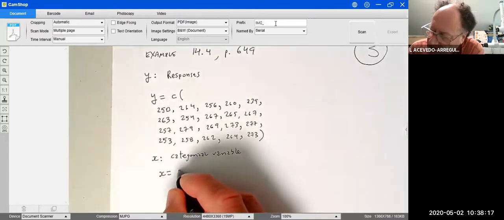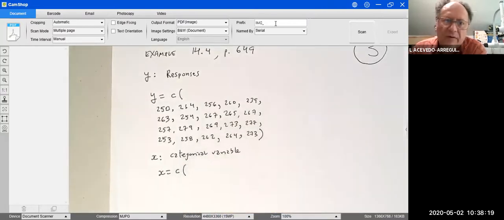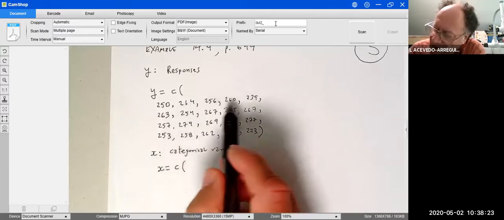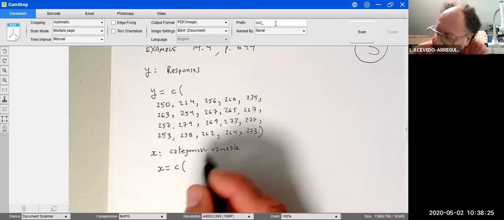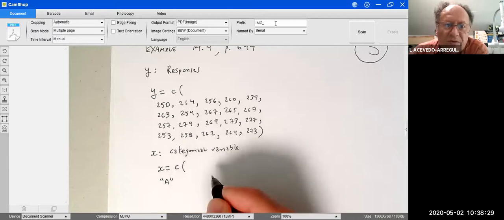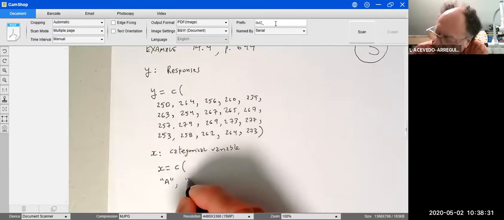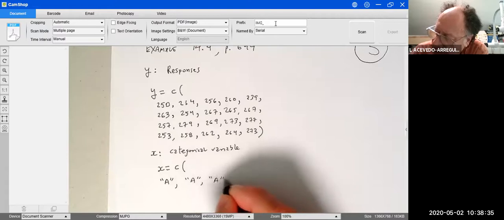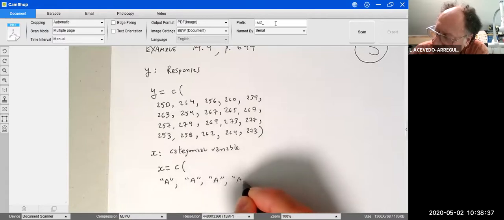So you can just start with this C, and then you're going to enter the category for the first value. The category is just A, so you're going to enter A with quotation marks 5 times, right? Because there are 5 values that correspond to A.